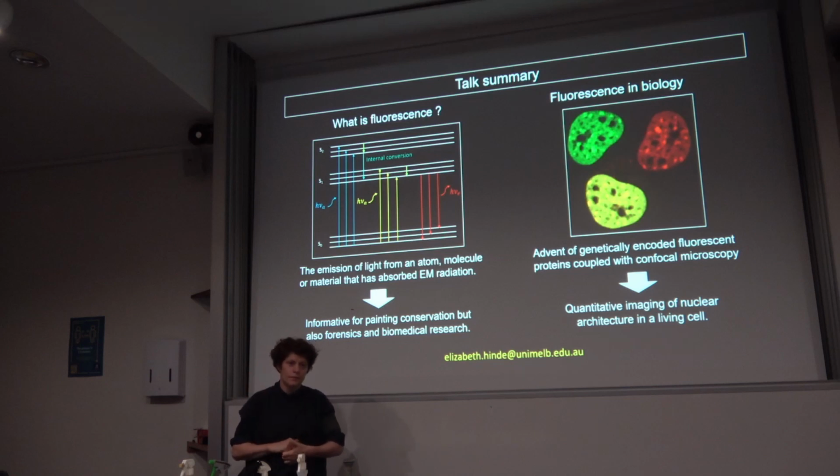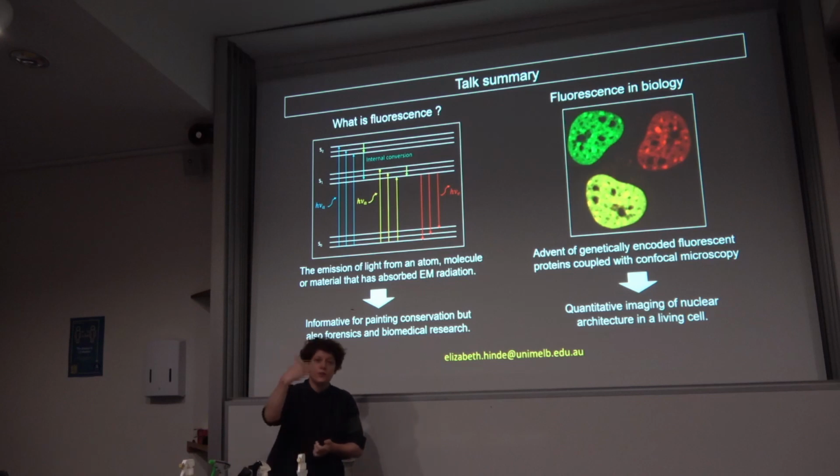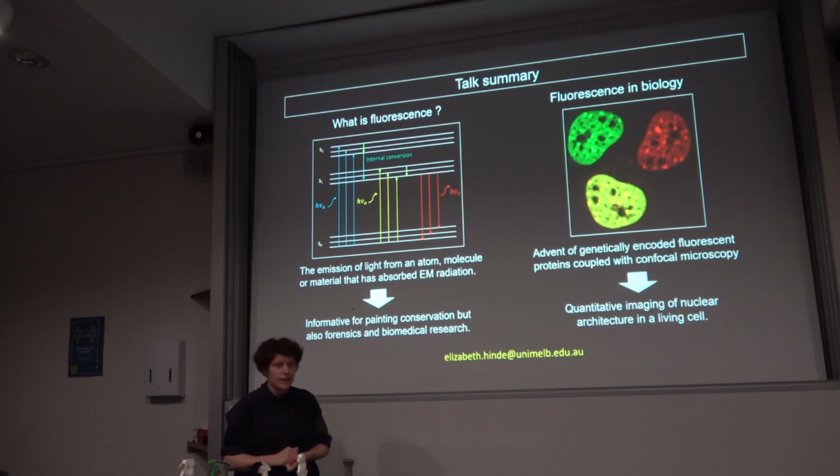That's why we shine UV light on those objects, but we can see the visible light coming off them, because you've lost energy due to the vibrational relaxation.